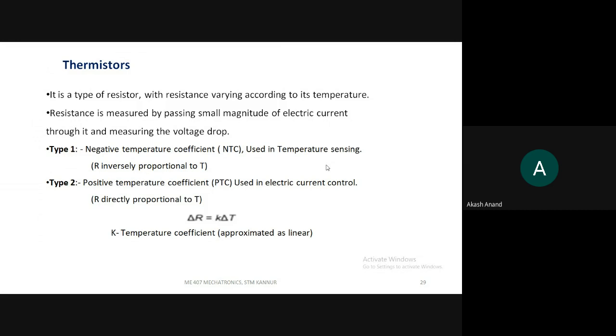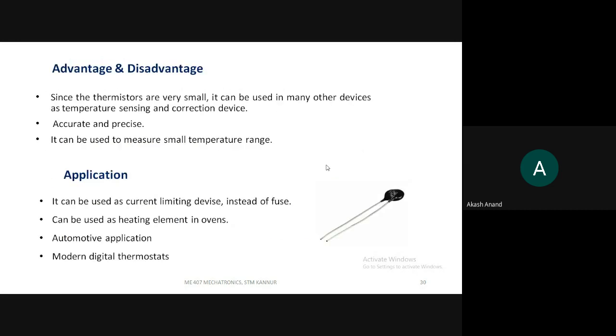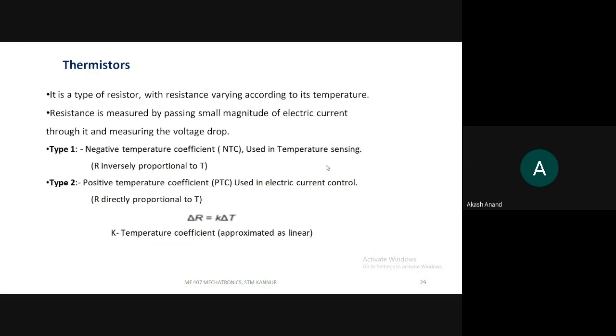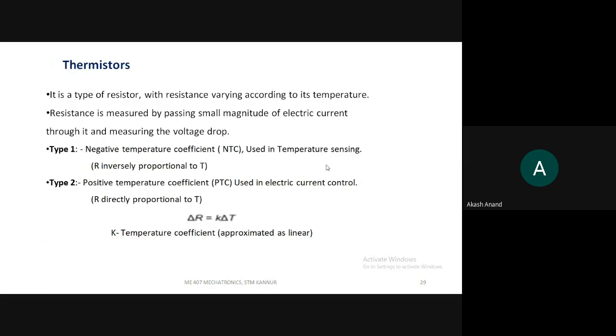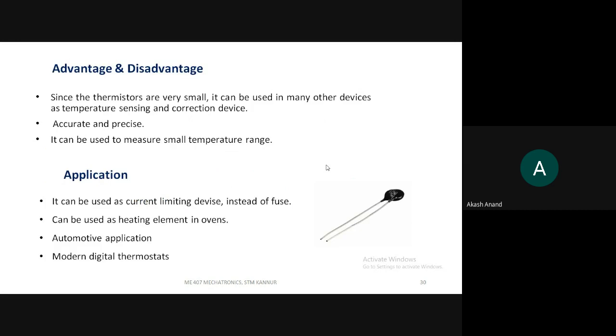The negative temperature coefficient thermistors are used for temperature sensing purpose. In this, the resistance of the thermistor is inversely proportional to temperature. That is, when a small current is passed through this thermistor and a certain amount of voltage is detected, if it is a negative temperature coefficient thermistor, its resistance will increase when temperature is decreased.